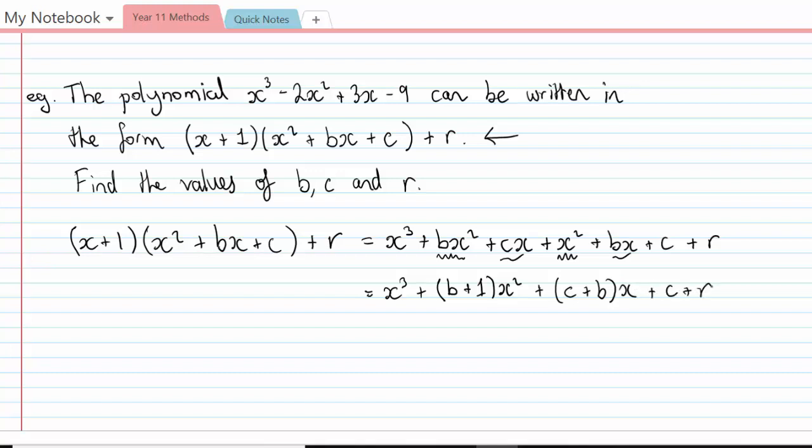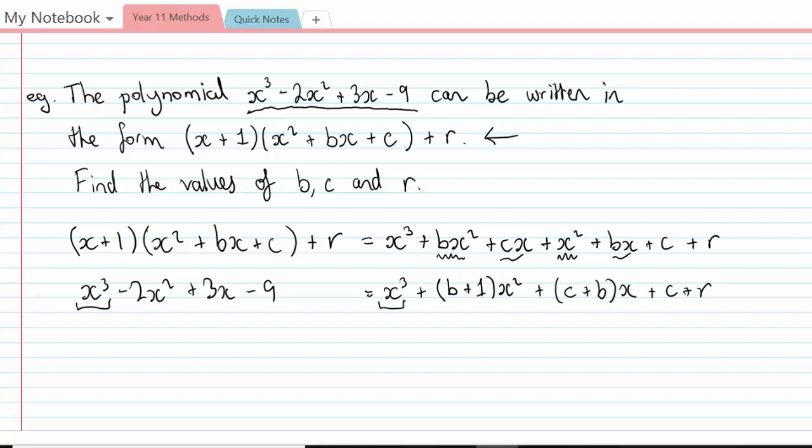Now the thing is, we know that that equation we've just expanded out is equal to this original equation up here. So I'm just going to say that x cubed minus 2x squared plus 3x minus 9 equals that. And we can see that they both have an x cubed term, so that's a good start at least.